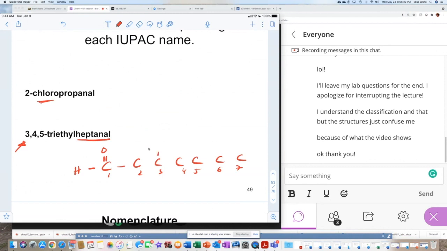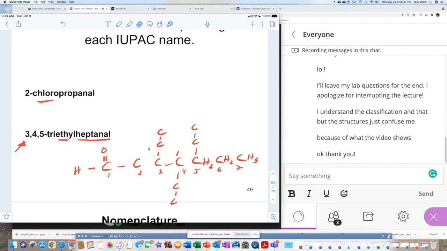On 3, I should have an ethyl. On 4, I should have another ethyl. Let me spread it around a little bit. On 5, I should have another ethyl. And the rest of them are CH3, CH2, CH2.